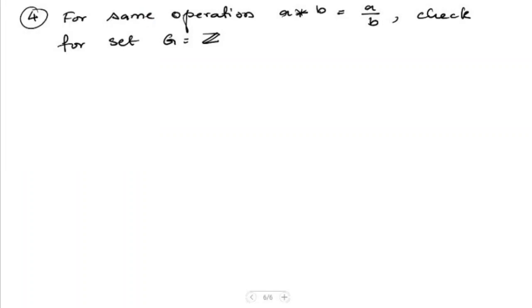So we can say the answer is no, because let's take two numbers. For A minus 3 and B is 2, we have minus 3 divided by 2, and that is not an element of integers. That's not an integer, right? Minus 3 divided by 2 would be minus 1.5. That's not an integer. So yes, then the answer is no for that.